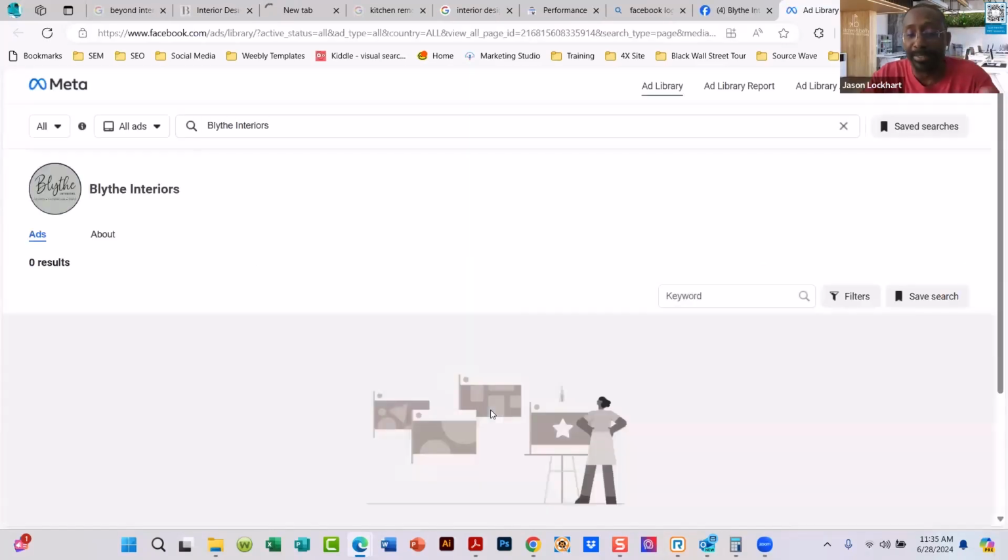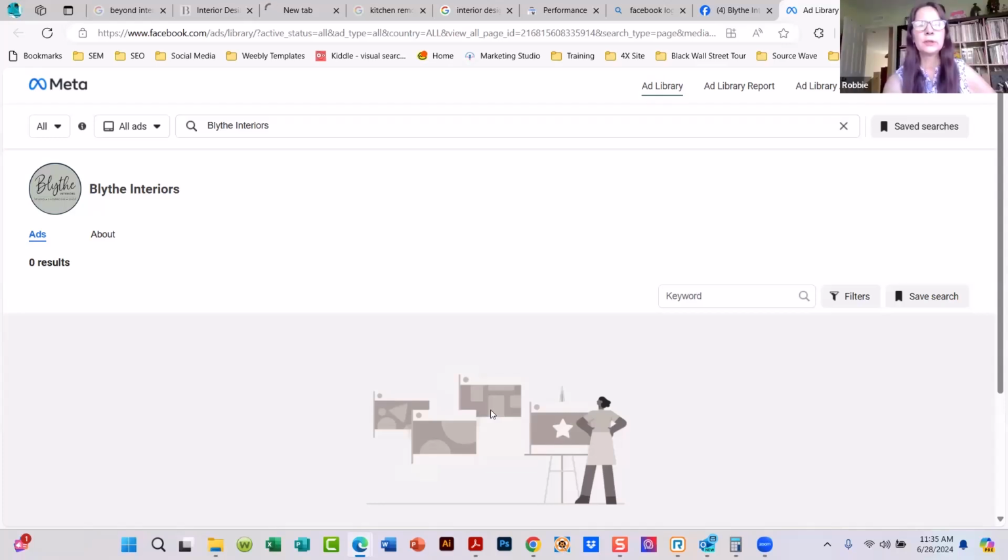So if they're advertising, you can see where they aren't doing any social media ads, because if they were, they would have them here, because that's all public knowledge. And if they were, you will be able to see the actual ad that they have up. So that does not mean they're not on Google ads, but they're not doing any social media ads. Because if they did either Instagram or Facebook, it would be here.